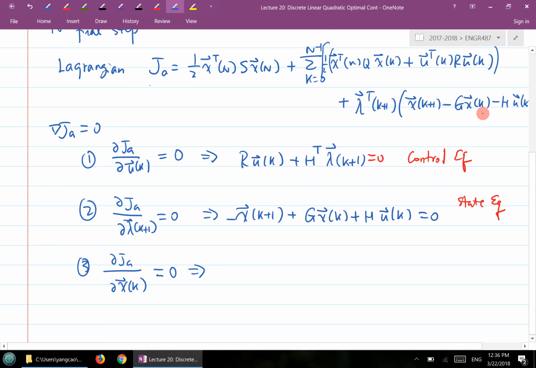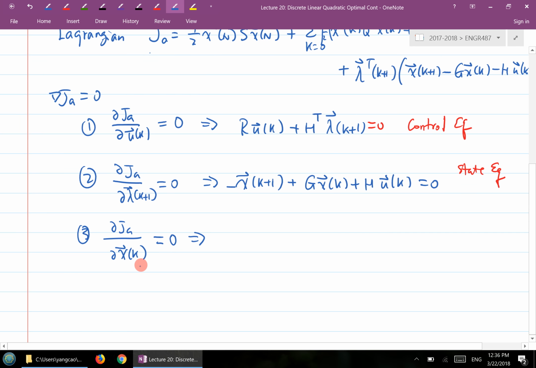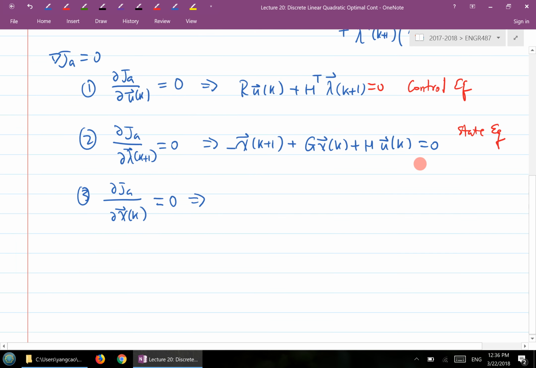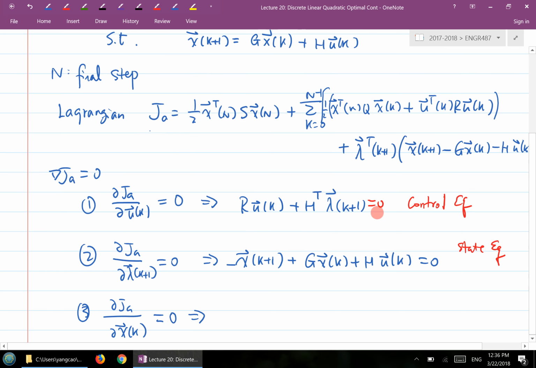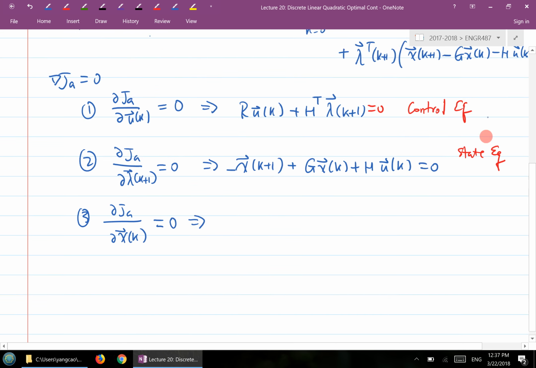Before I write down the results for this partial derivative, I'm going to expand this whole term. You see k starts from 0, then k equals 0, 1, 2, 3, until capital N minus 1.